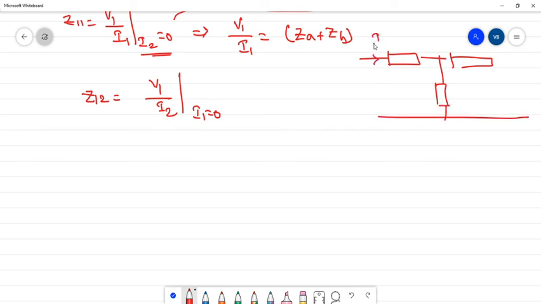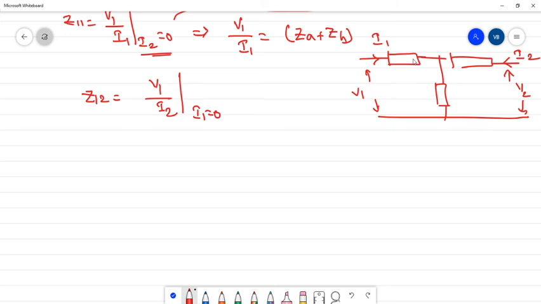So this is I1 and this is I2, and here we have V1 and here we have V2. So what you are doing is making I1 as 0. If I1 is 0, is there any resistance? No, there is no resistance here.